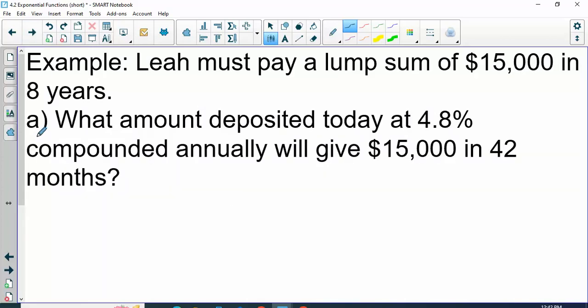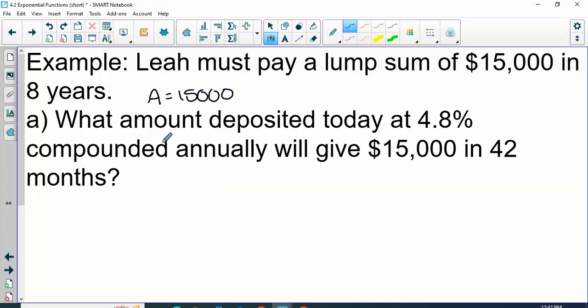Let's look at this one. Leah must pay a lump sum of $15,000 in 8 years. What does the 15,000 represent? A. That's what we need to end with, not what we have right now. So A is 15,000.